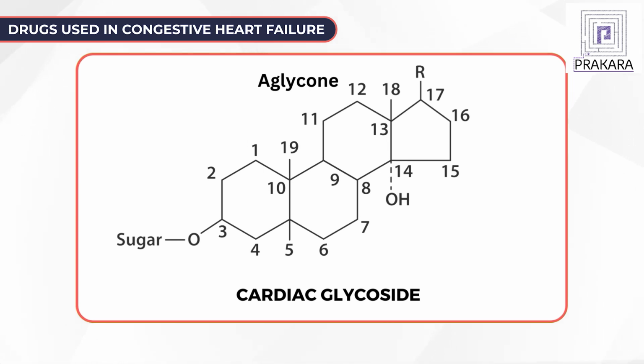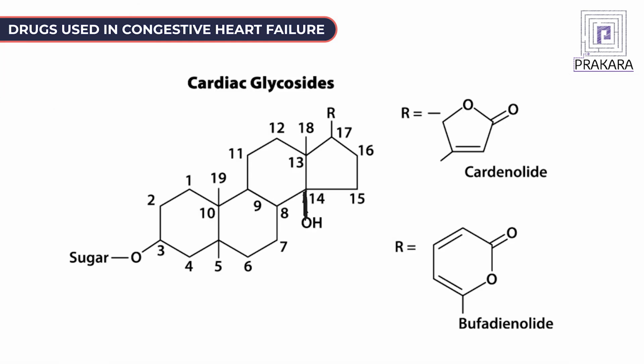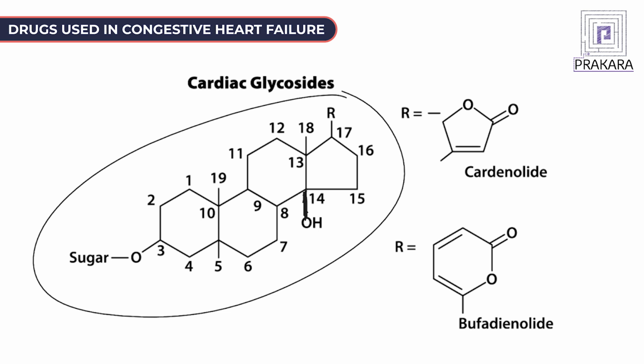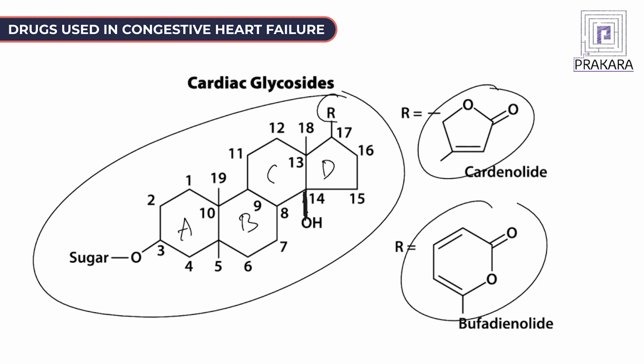Let us advance in our topic with the structure of aglycone as well as glycones. You can see the general structure of cardiac glycosides on my screen. This is a steroidal glycoside derived from the cyclopentanoperhydrophenanthrene ring structure, and you can see 4 rings are fused: ring A, ring B, ring C, and ring D. These aglycones are classified based on the lactone attached at the 17th position.